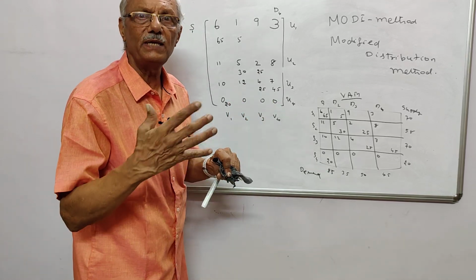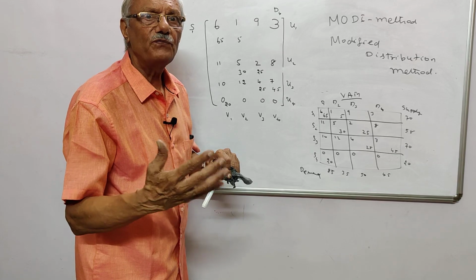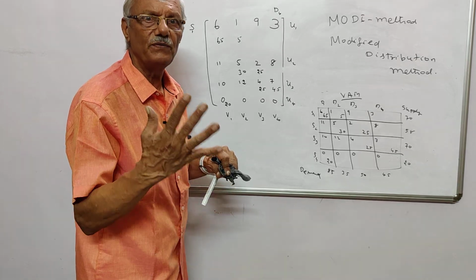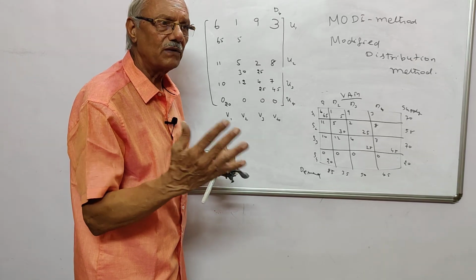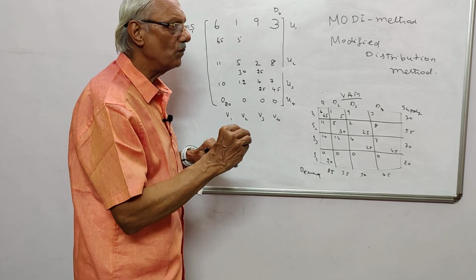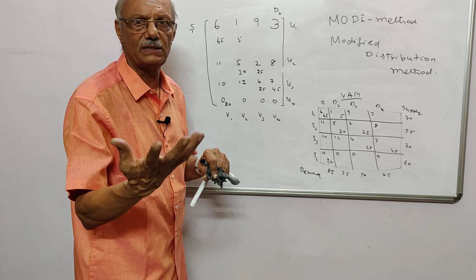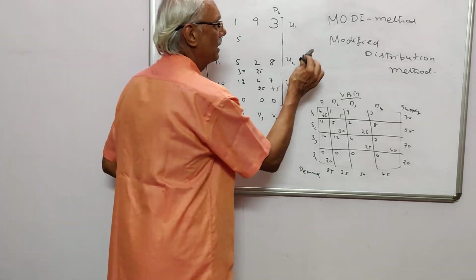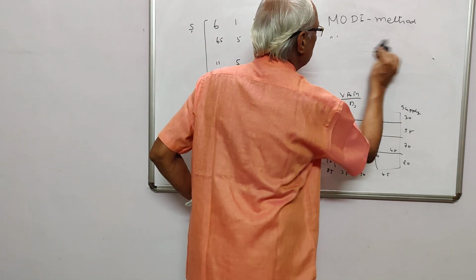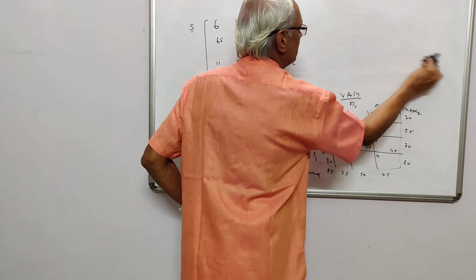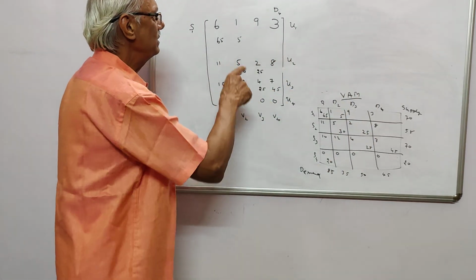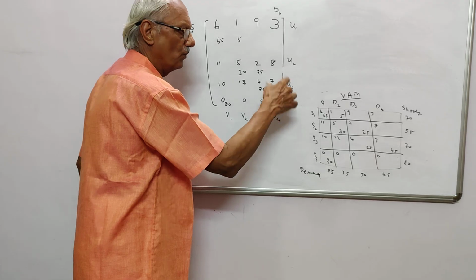If you have prior knowledge, it will be very good. Otherwise, just follow very carefully what I say and go through a book, and you will find it easy. Now let us start doing this. How do you do this? You take this, and you name the rows as U1, U2, U3, U4.